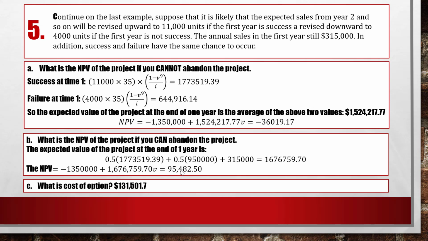So that means the cost of the option should be the gap between them. And the gap between them should be $131,501. That's the cost of the option. It's the gap in net present value between the two cases, where we cannot abandon the project or we can abandon the project.